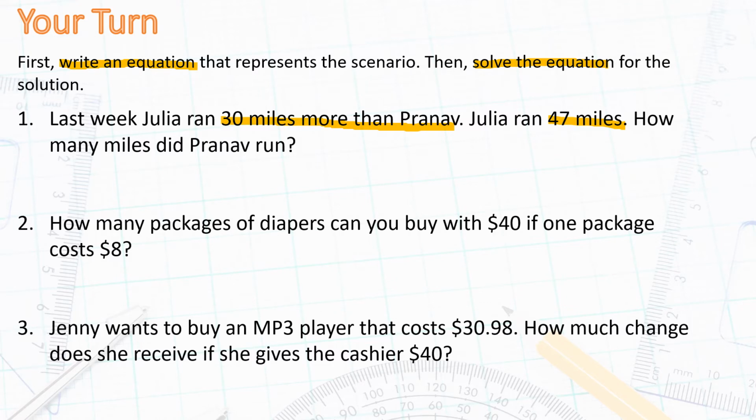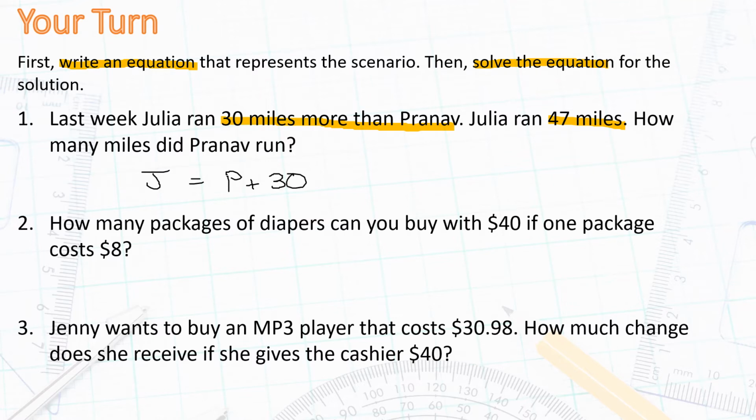So we have 2 people, Julia and Pranav. Their relationship is that Julia is going to be 30 miles more than Pranav. So Julia is equal to Pranav plus 30 miles.